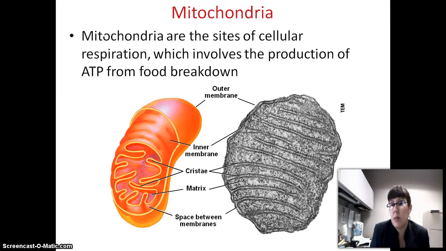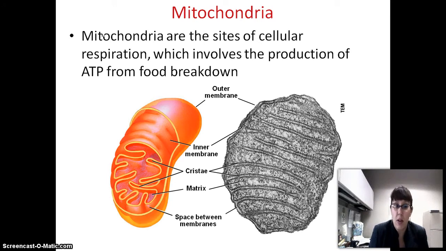So where does respiration occur? Broadly, the mitochondria are the sites of cellular respiration, and they have structures that allow them to create the circumstances that will allow those chemical reactions to proceed really well.